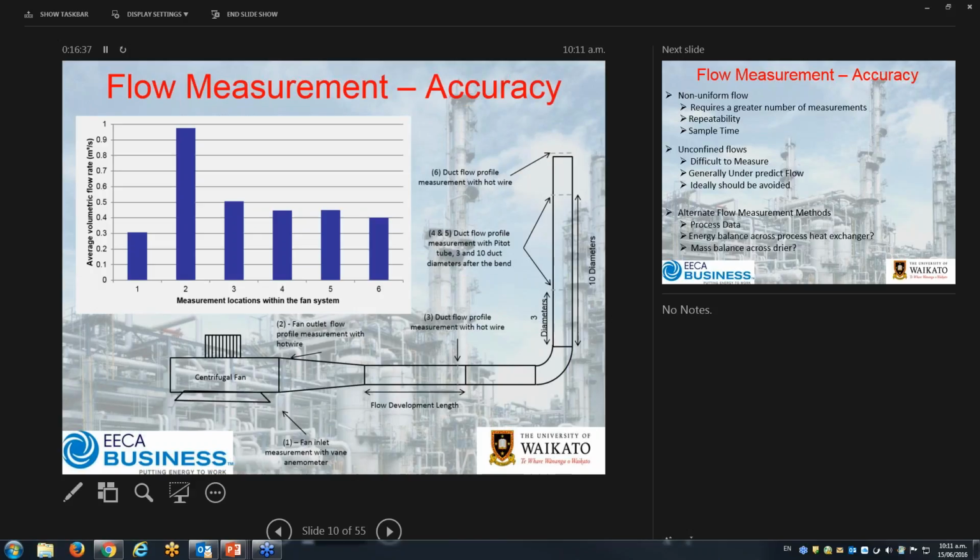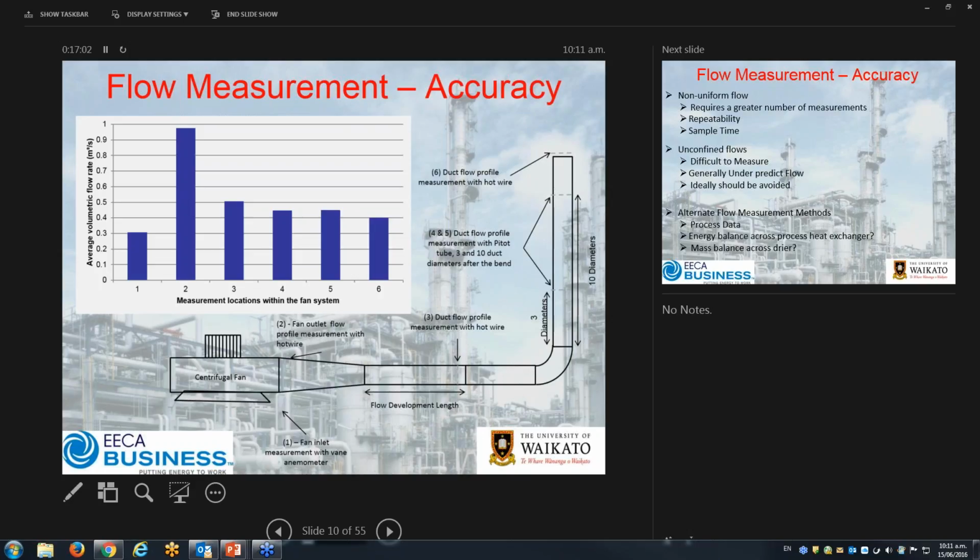One, obviously, at the fan intake, the rotary vane anemometer. Two, at the fan outlet, then further downstream in the duct at point 3. 4, after the bend. 5, further downstream, and then 6 at the actual outlet. Now what you can see here are the measurements based on those 6 points.